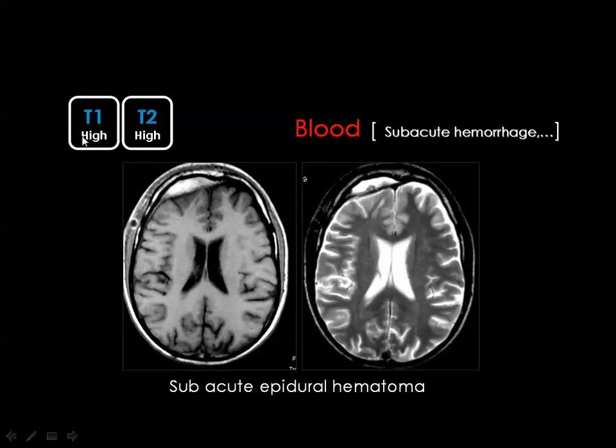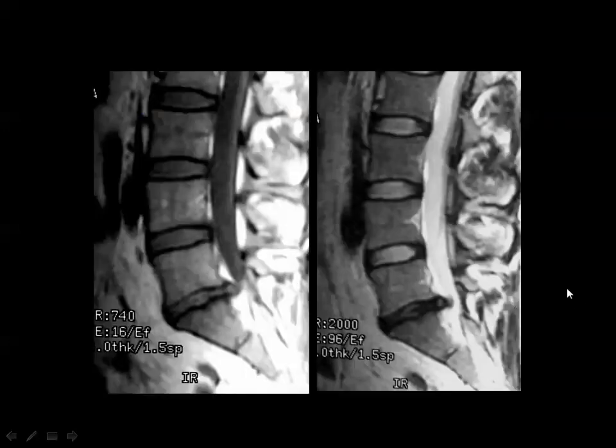And blood in this particular stage, which is the subacute stage, shows a high signal here and also high signal here, and this is T1 because the CSF is black, and this is T2 because the CSF is bright. Then if you look at the spine, and you know that the intervertebral disc contains water if it is normal, then you see black in the T1, the CSF is black also, and bright in the T2, the CSF is bright.